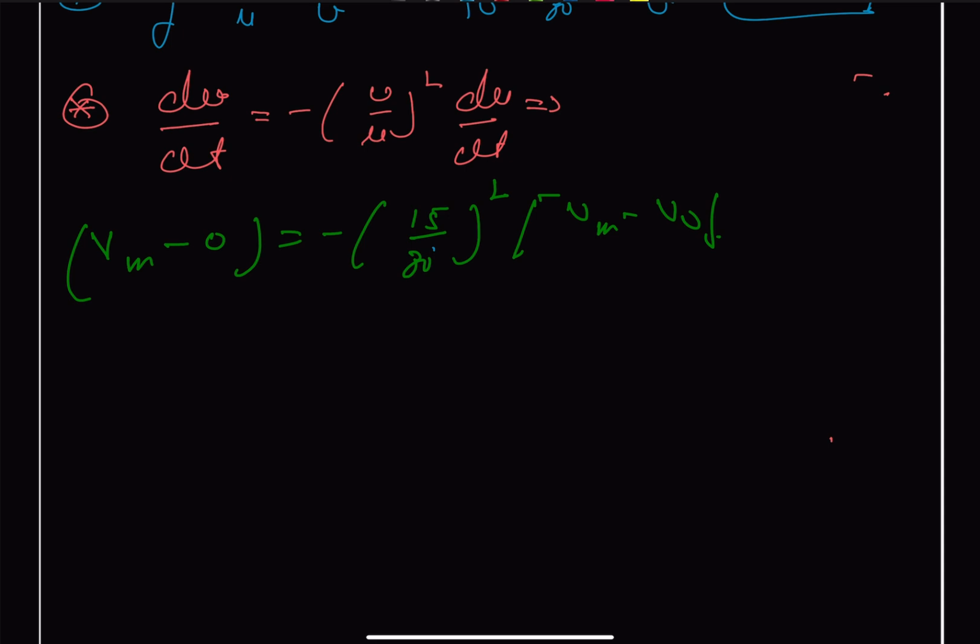So Vm is equal to, this will be minus and 5/2, so this becomes 1/4. This is Vm minus our V naught, and V naught is our 15. So this comes as 4 times Vm, and this is minus of 15.